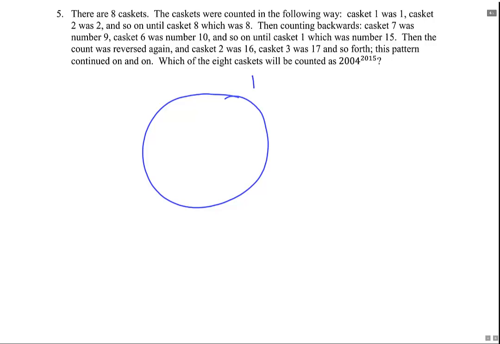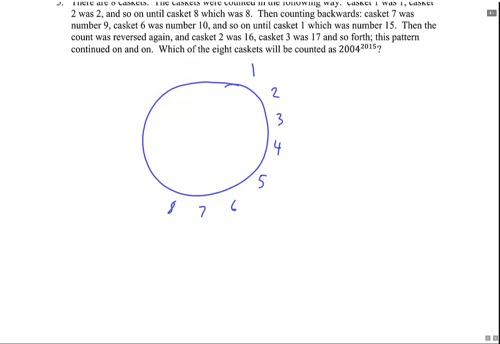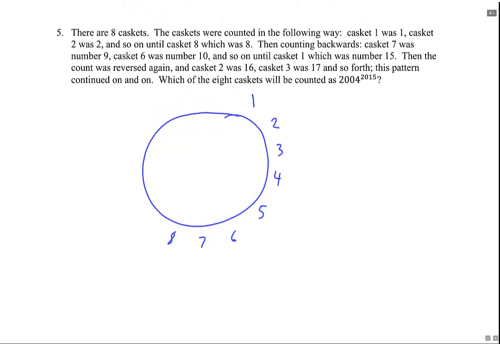So 1 is counted first, and then 2, 3, 4, 5, 6, 7, 8. And then once we hit 8, we count 7 again, but different from the first 7, because when we counted the first 7, we count upwards. Now we're counting downwards. So this 7, in comparison to the first 7, is a little bit different.